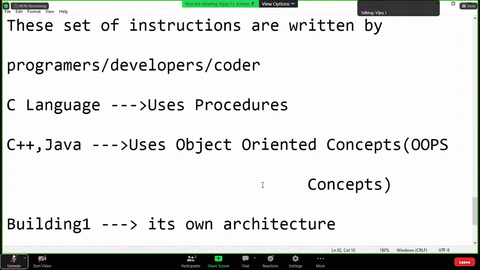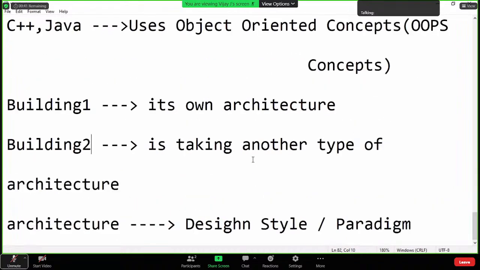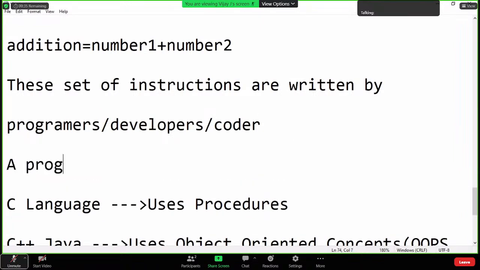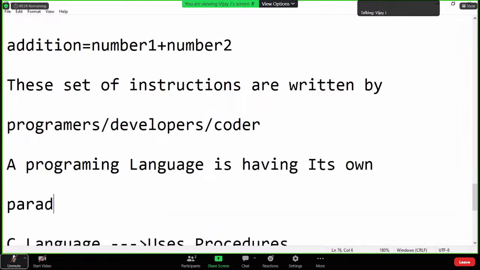Similar way, when we talk about a language, a programming language is having its own paradigm.